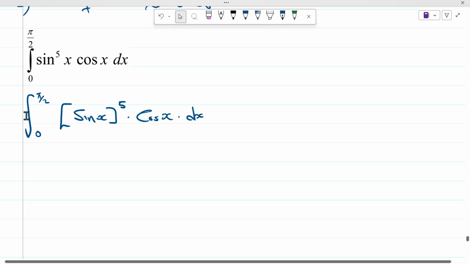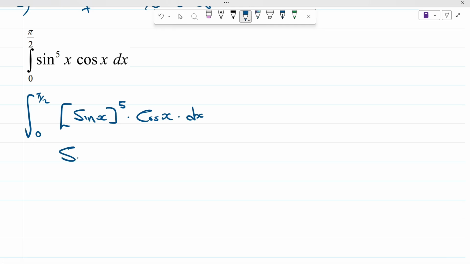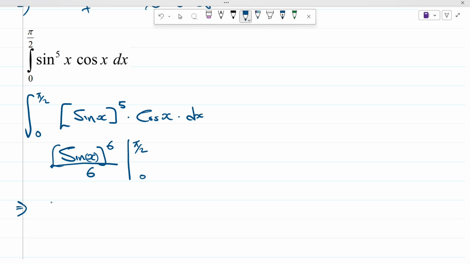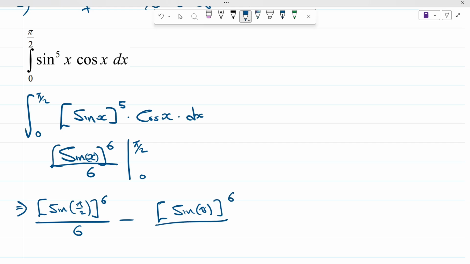So we can then use general power rule and say the answer for this is sine of x to the power of 6 divided by 6. And then we put our limits pi/2 and 0. Then we can substitute our limits there, starting with the upper limit. This is going to be sine of pi/2 to the power of 6, minus sine of 0 to the power of 6, over 6.